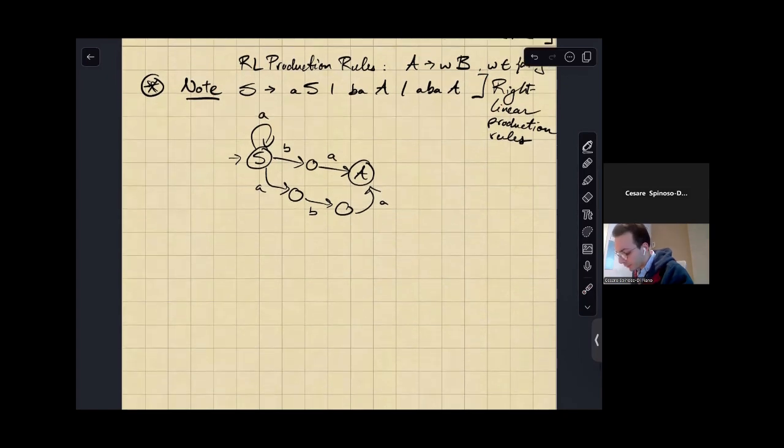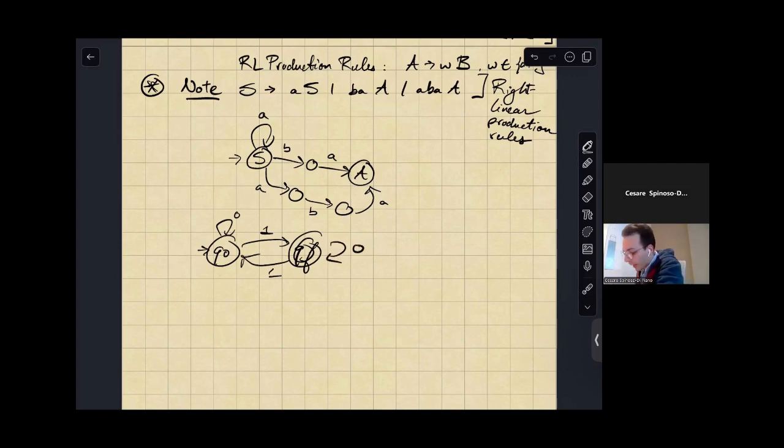And then similarly, if you had a DFA, something like this, then you can convert this to a right linear grammar. How? Just say that Q0 and QF are variables in your grammar. Then from Q0, reading a 0, you can go back to Q0, and reading a 1, you can go to QF.